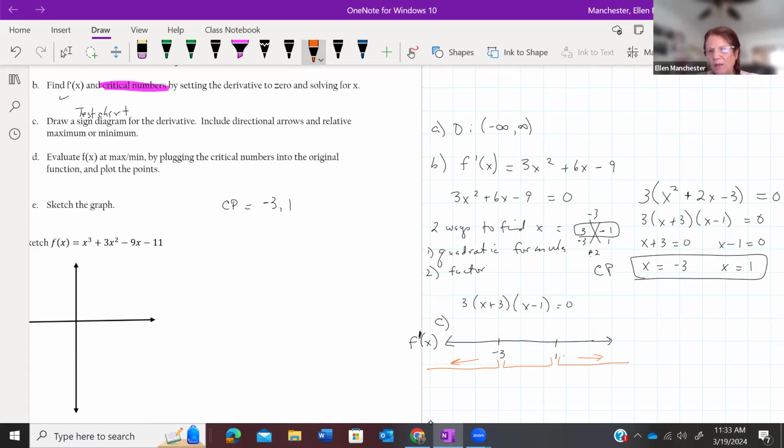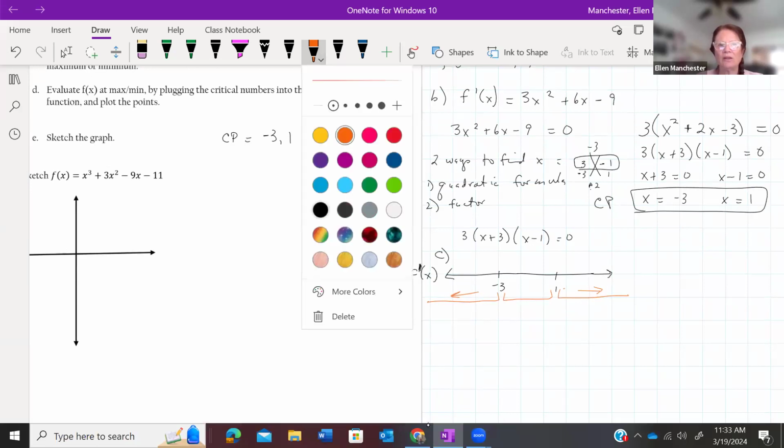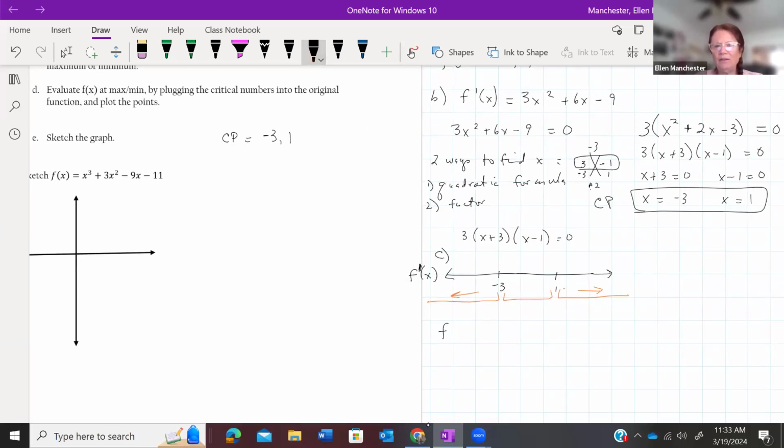Whatever value I pick is going to tell me what's going on in that whole interval. So it doesn't matter what value I pick, just as long as it's in this interval. So watch how I do this. I'm going to find the derivative. Notice this is the derivative chart. And I'm going to pick a value.